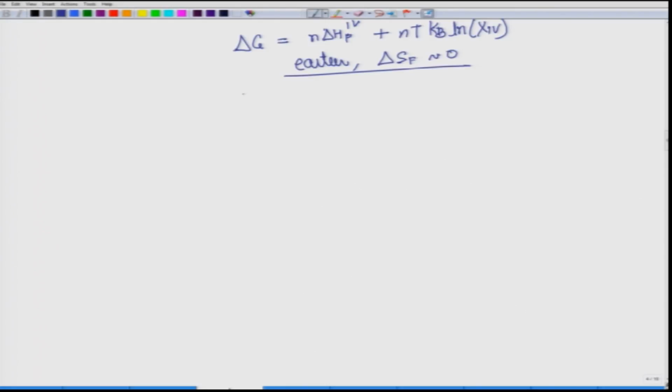What we started with was to find out what is the concentration of X1V, right. Now, when you keep increasing the concentration of mono vacancies, there will come a point where the energy will not reduce any further, which means this will become 0, or something like this.